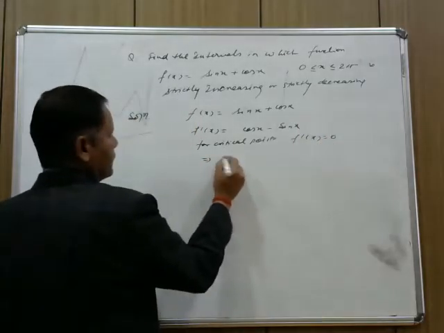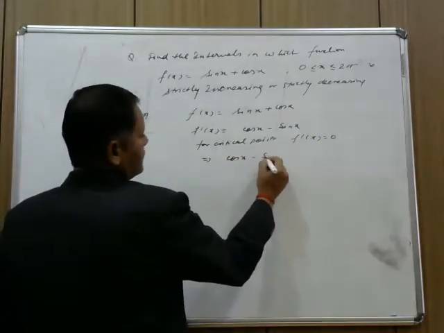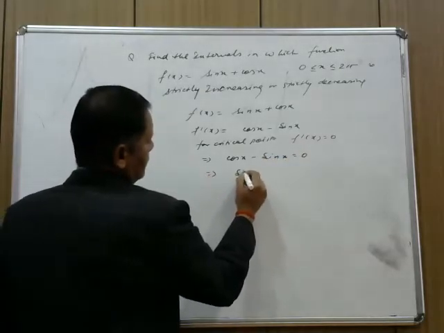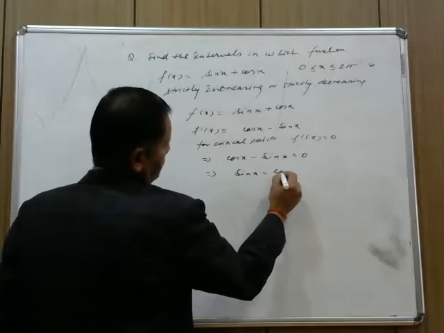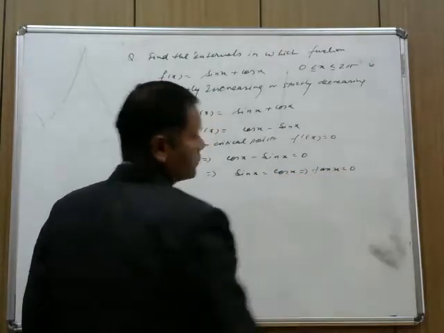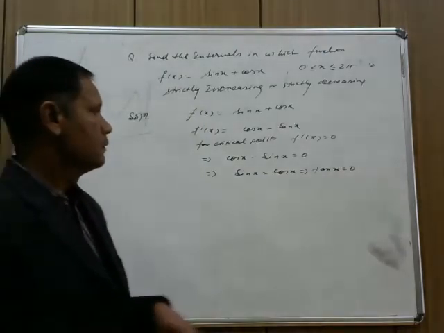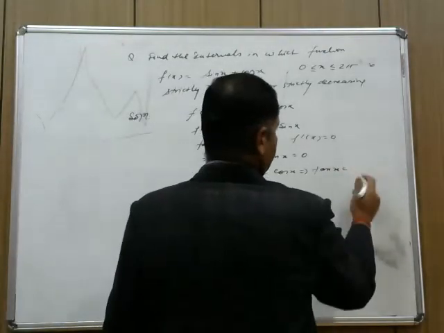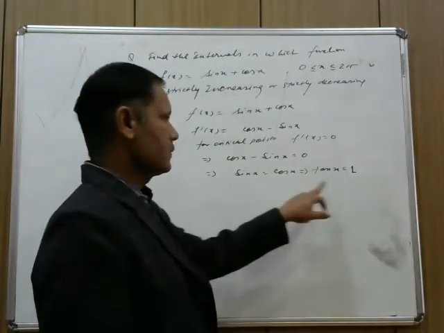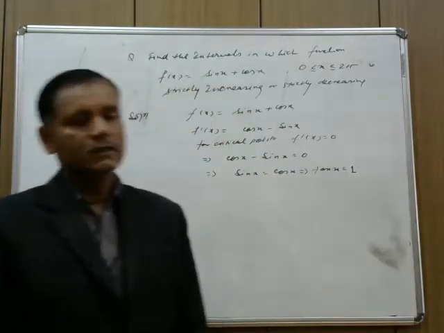It implies that cos x minus sin x is equal to 0. It implies that sin x is equal to cos x. It implies that tan x is equal to 0. Sorry, tan x is equal to 1, not 0. Cos x minus sin x is equal to 0, so sin x by cos x is equal to 1. Tan x is equal to 1.